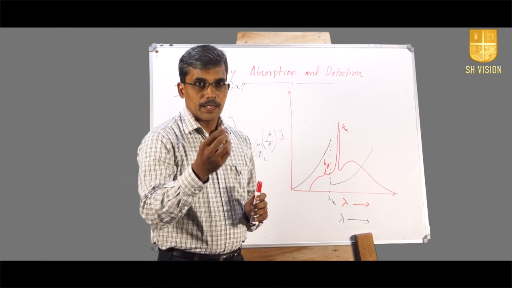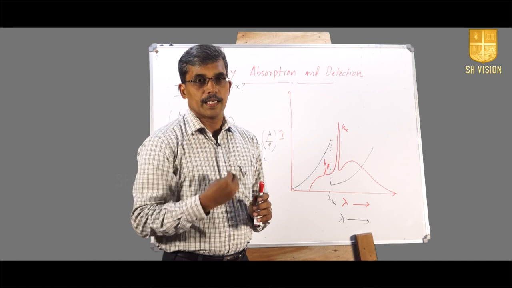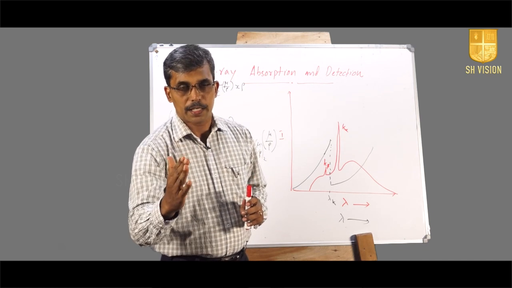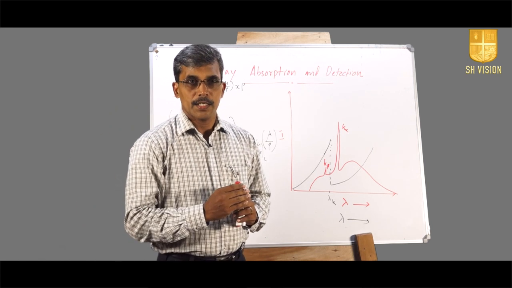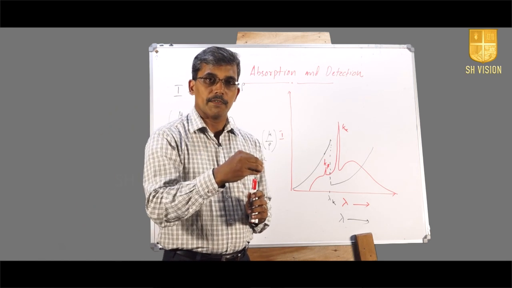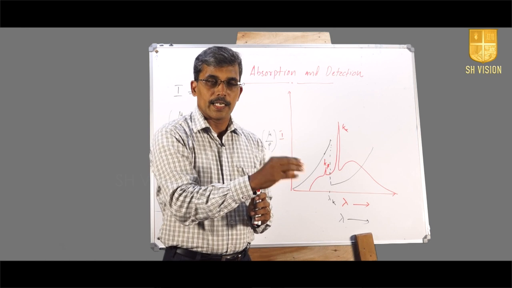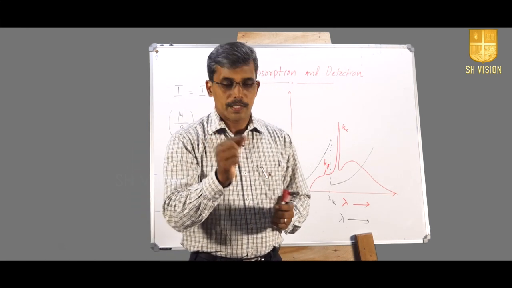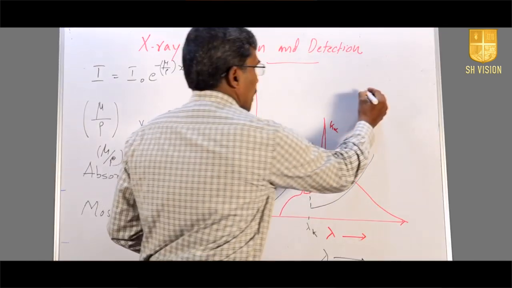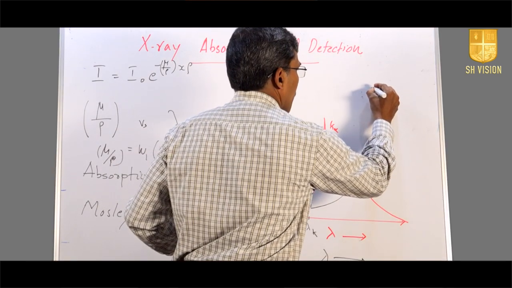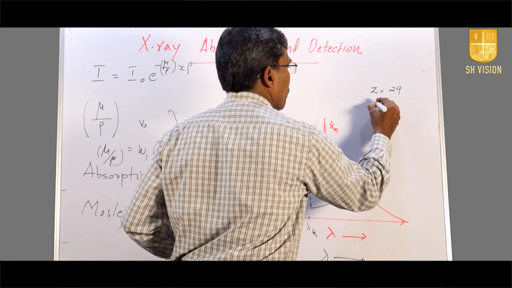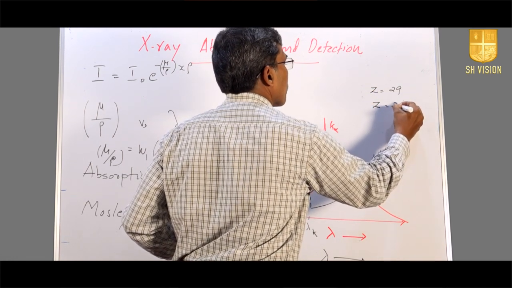For example, when we use copper as the target, then we have a particular wavelength for K alpha and a particular wavelength for K beta. In order to filter out K beta, we should use a suitable metal. Generally the metal foil used is nickel. The atomic number of copper is 29 and the atomic number of nickel is 28.